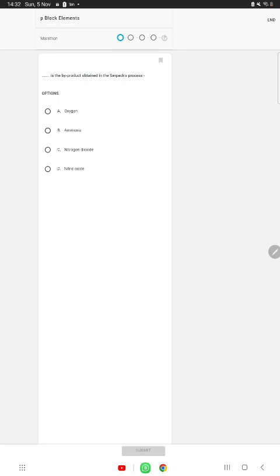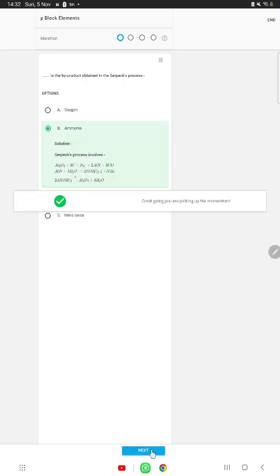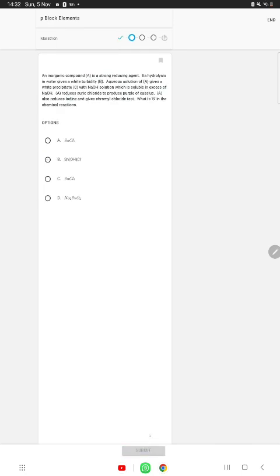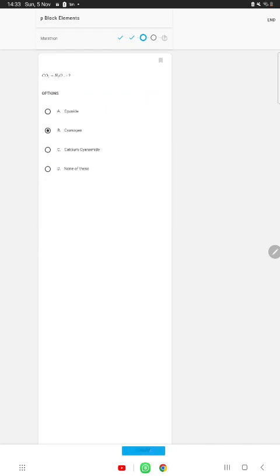Is the byproduct obtained by Sparks process. An organic CO2. Group 14 element, the one having the lowest melting point.